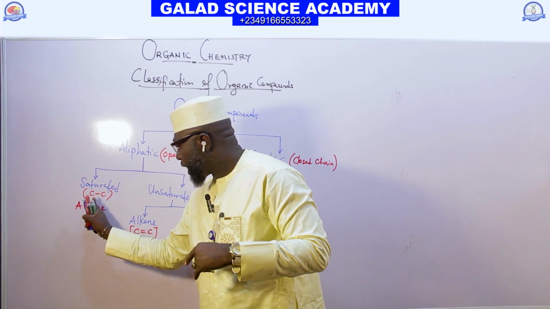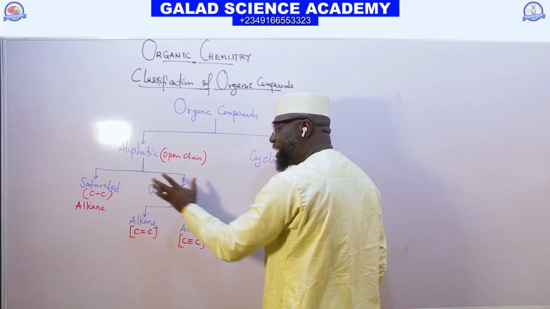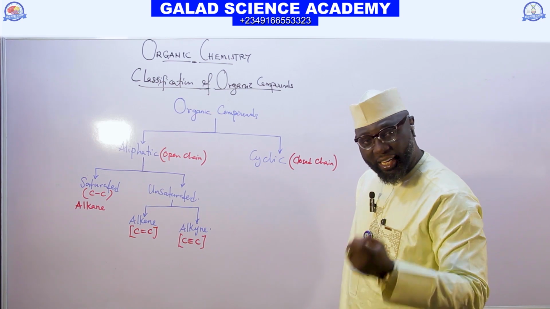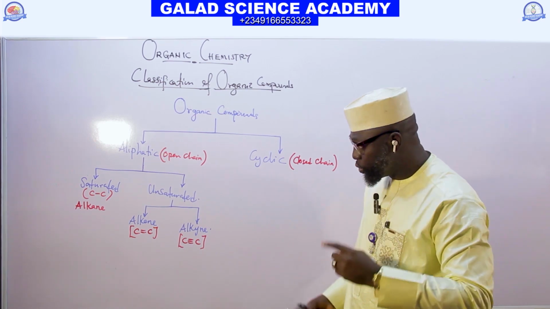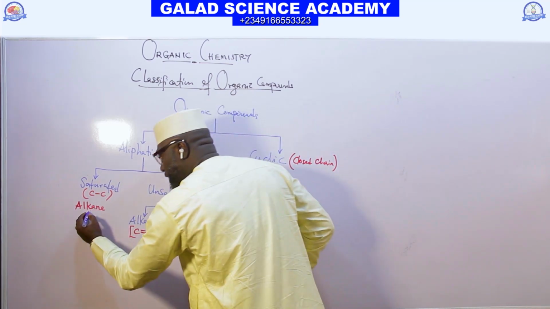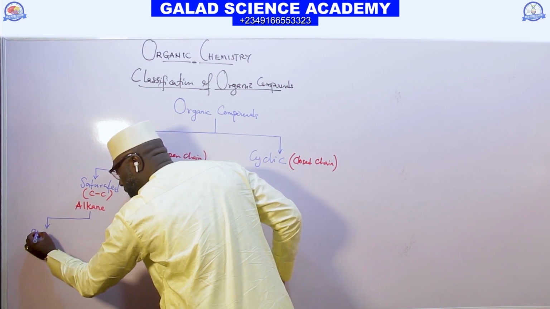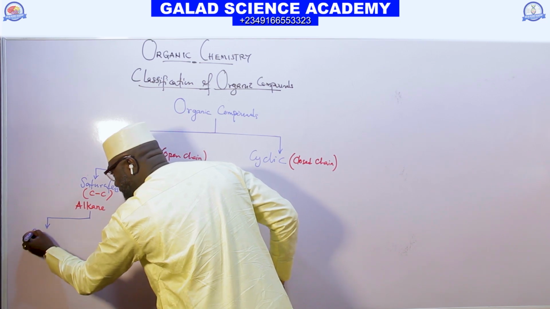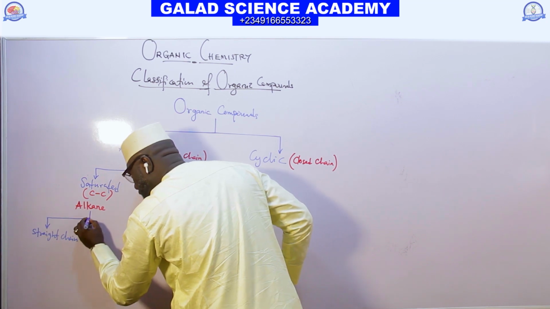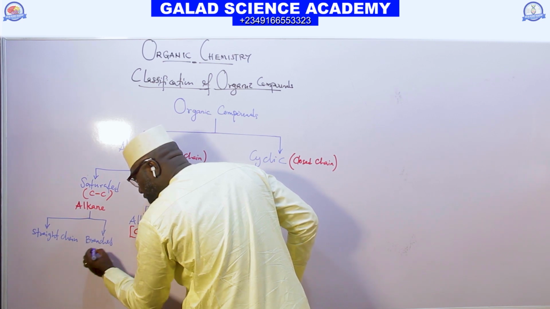What is the functional group? Carbon-carbon single bond. Both the saturated and unsaturated organic compounds can exist in two forms. The saturated can exist in a straight chain, or in a branched chain.